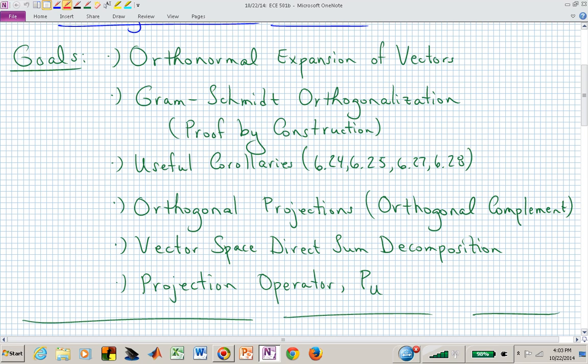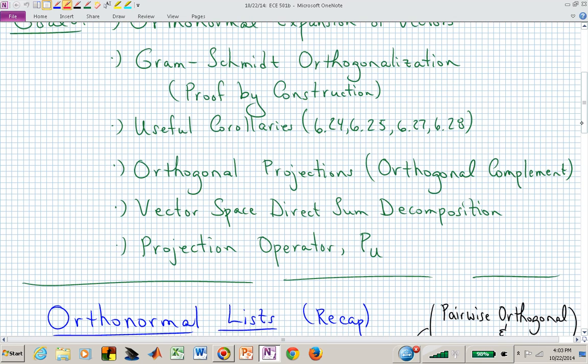We'll then basically state 4 corollaries related to orthogonality, and we'll talk about orthogonal projections and Perp, orthogonal complements, or a perpendicular subspace to a subset, for example.